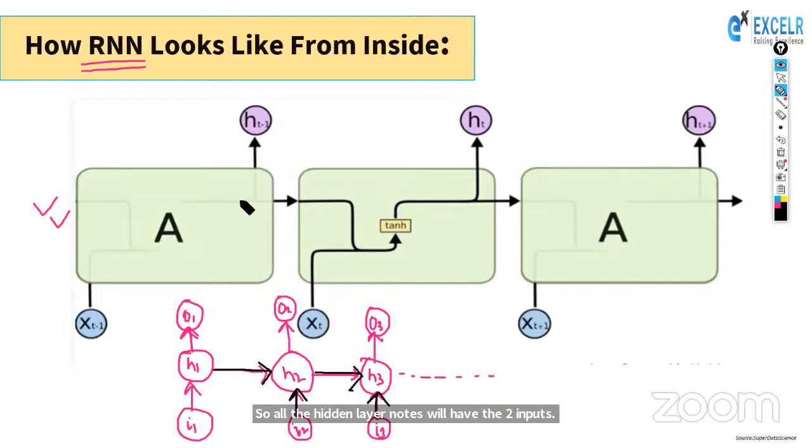The same thing you can visualize here also. Let's say this first layer is not visible, a black box. This third layer node is also a black box. Each layer box has this kind of architecture. Here we are seeing the internal architecture of this second layer.